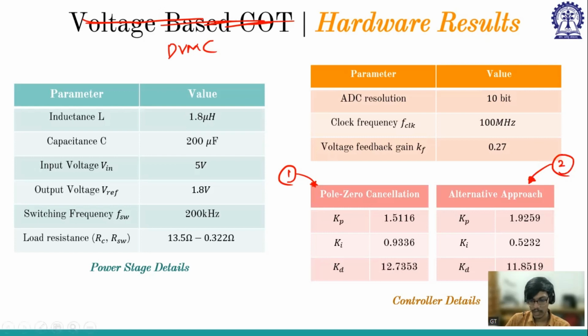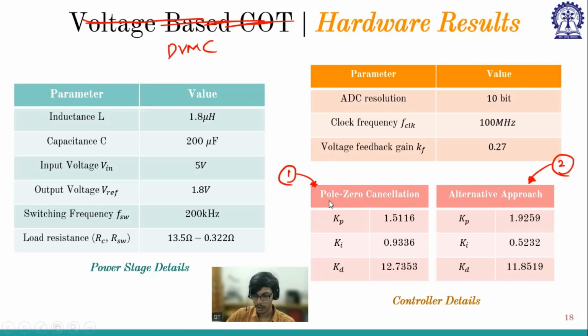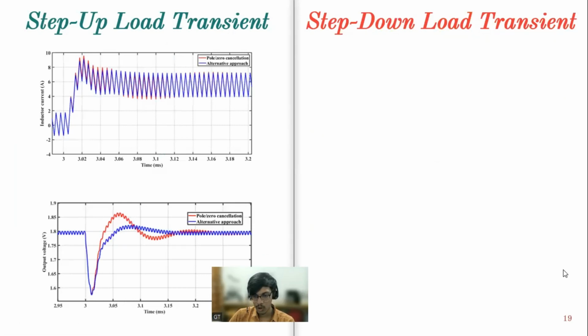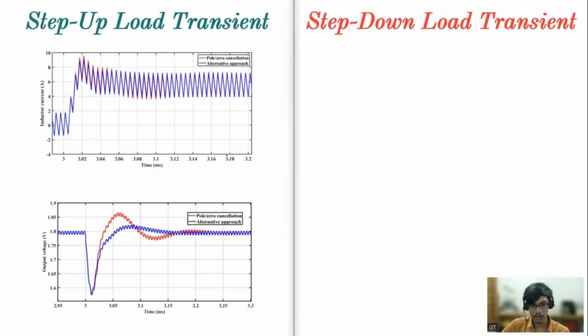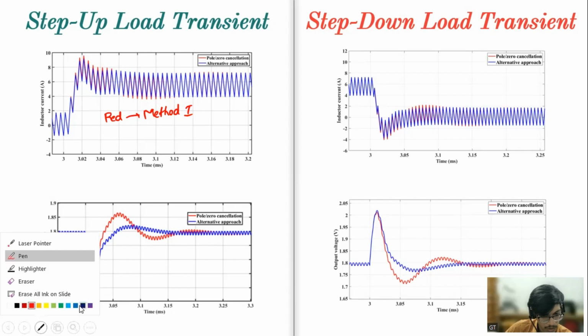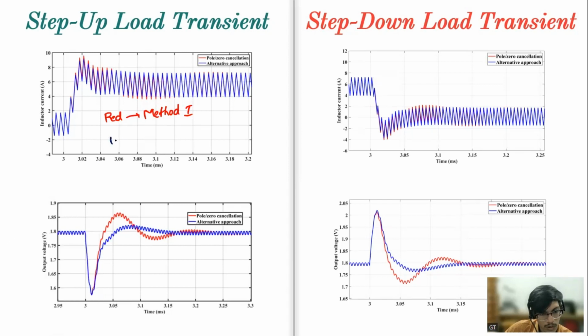And using this Kp and Kd, there will be a comparative study of how the alternative approach performs better than the pole zero cancellation. So in the case of load step up and load step down that we had considered, red color is our method 1, which is pole zero cancellation, and the blue color is our method 2, which is the alternative approach.